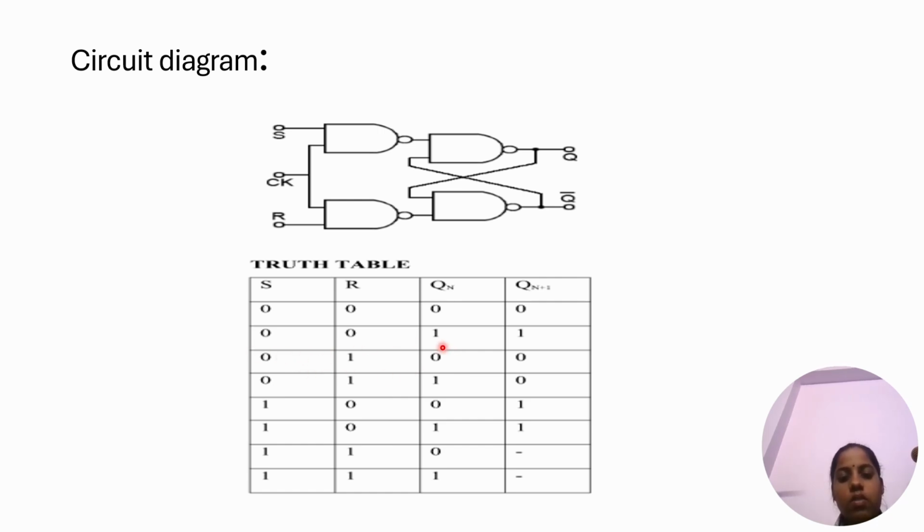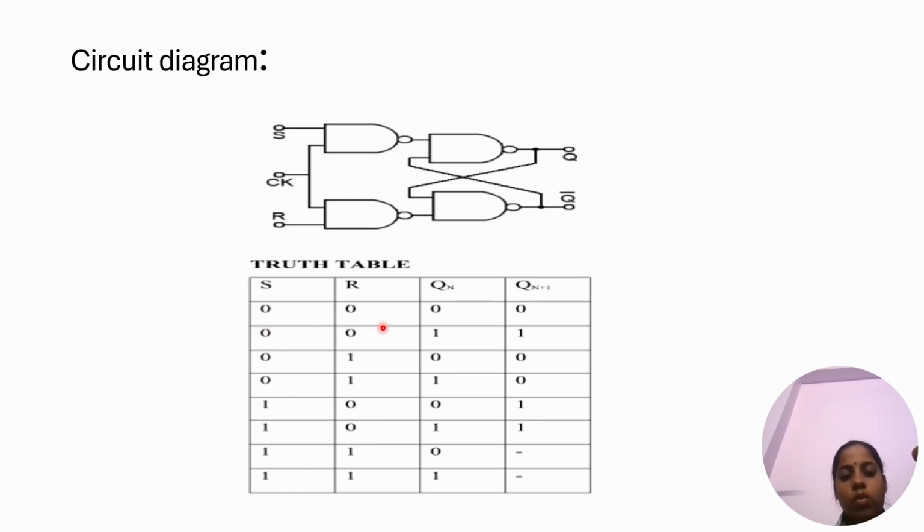Here also we have to take two inputs: 0 0, 0 1, 1 0 and 1 1.